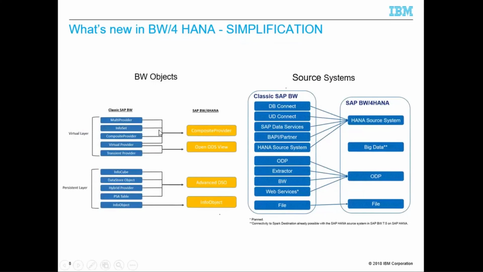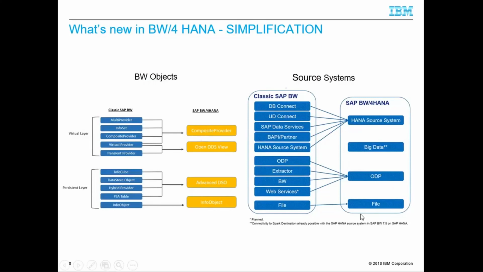There's a huge reduction in both the persistent layer as well as the virtual layer. In the persistent layer, you now just have InfoObjects and advanced DSO. And on the virtual layer, every other object of the classical BW is merged into the Open ODS view and Composite Provider. So this is the simplification of the modeling that I was talking about in the previous slide.